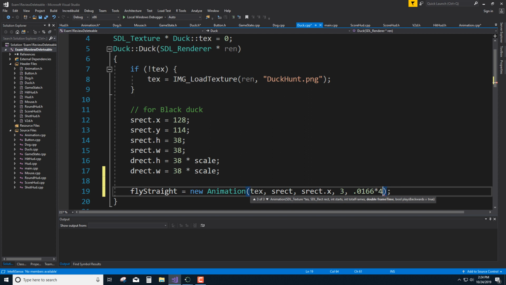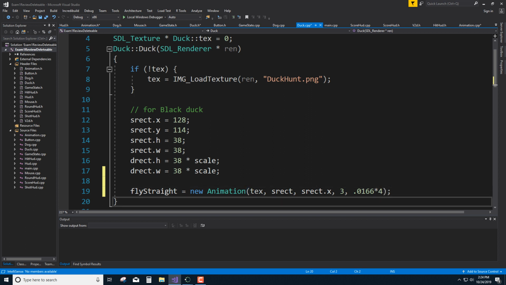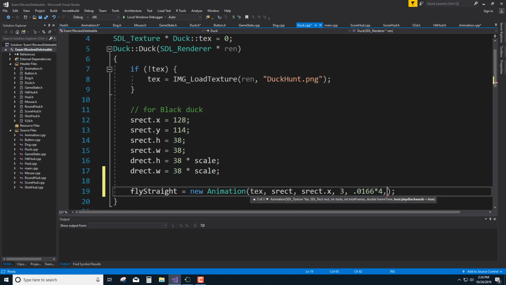Play backwards is true. We can leave that out. In case you don't know this, if you give it a value in the constructor, you can do this and that will be true and you don't have to put it in there. But any other arguments that we add to this constructor later on will also have to be set equal to some default value.